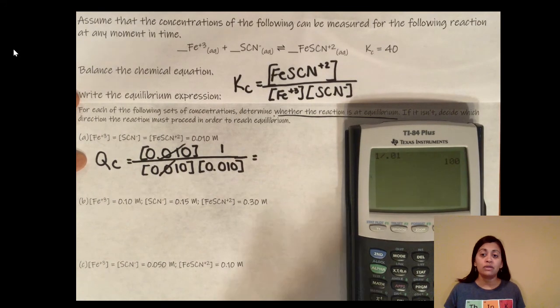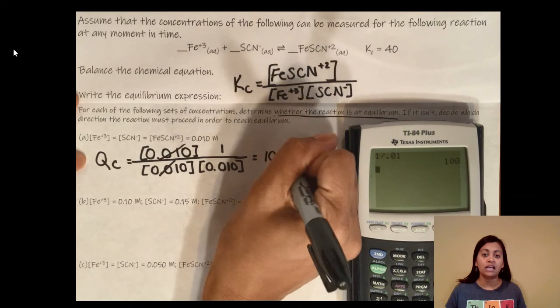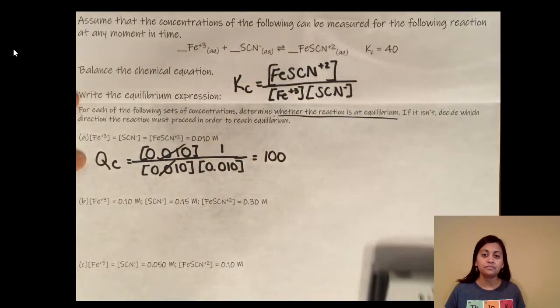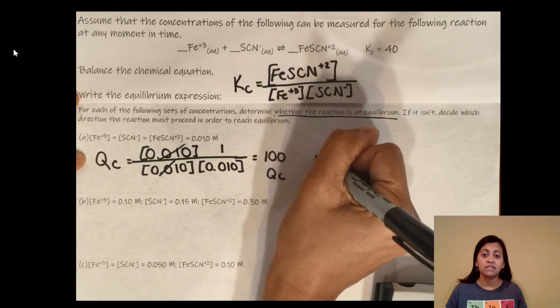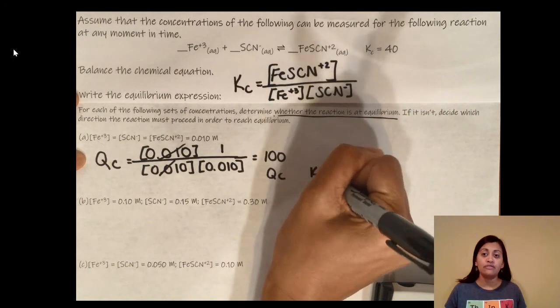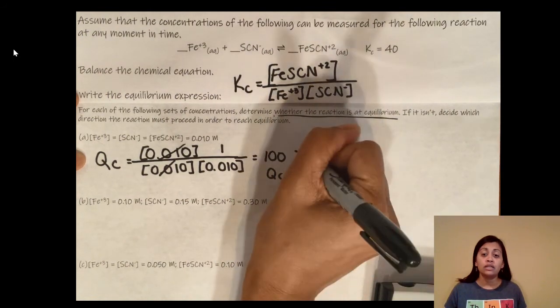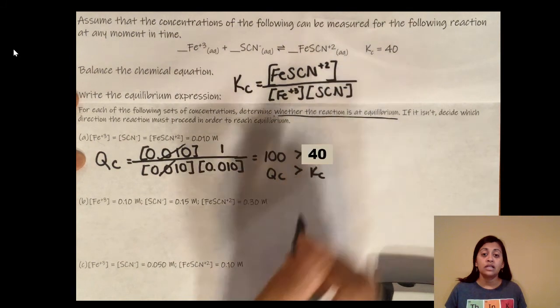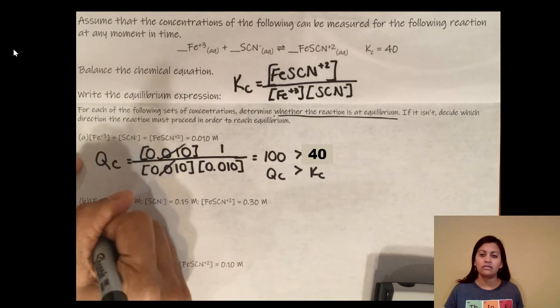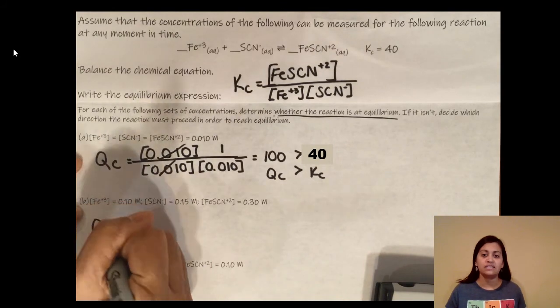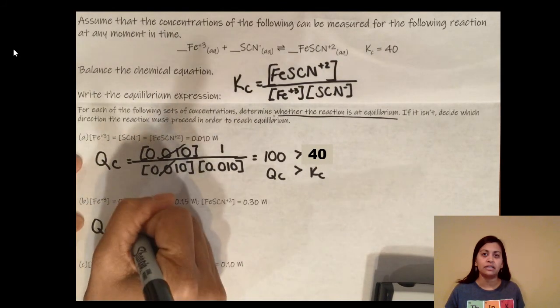So then we type in 1 divided by 0.1, and that's equal to 100. So the Q is going to be 100, and the Kc, which we've seen before, is going to be equal to 40. So since 100 is greater than 40, we can see that Qc is going to be greater than Kc, and we'll talk about what that actually means in a little bit.